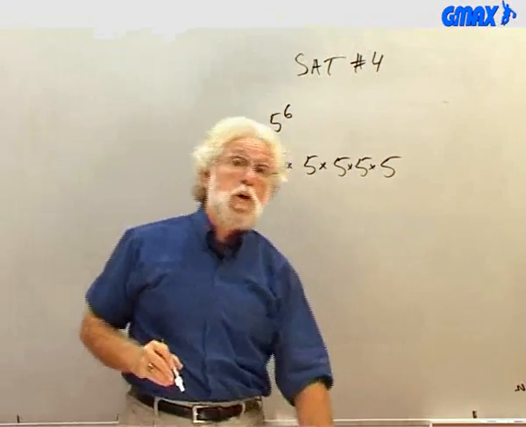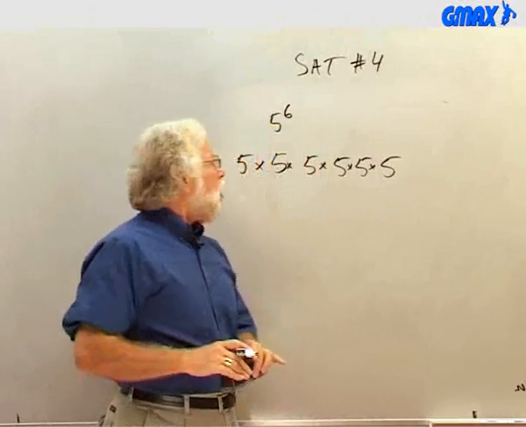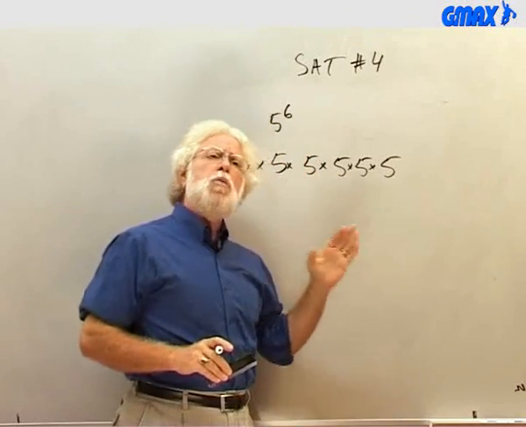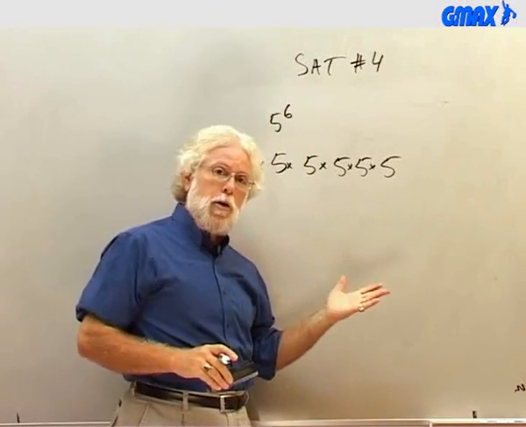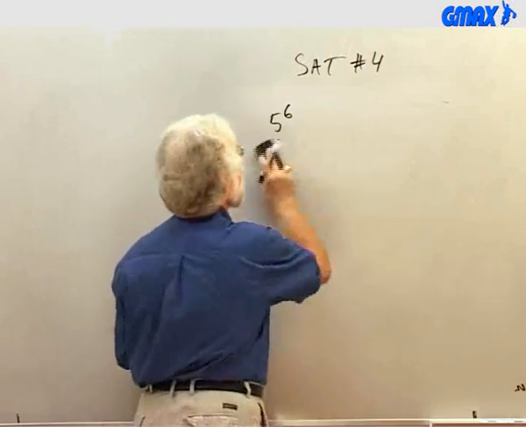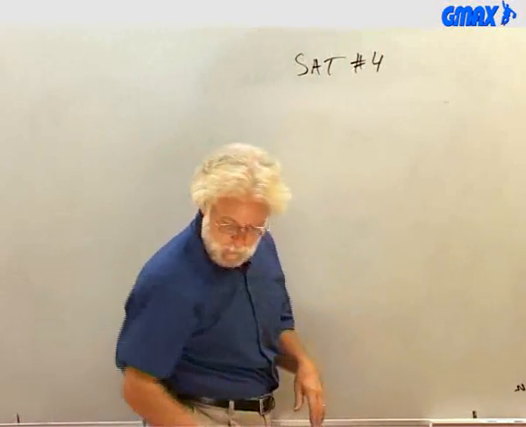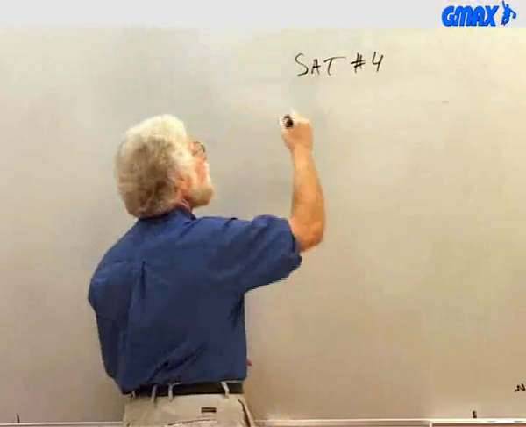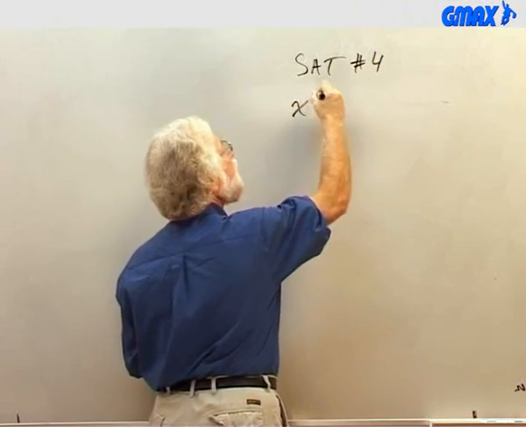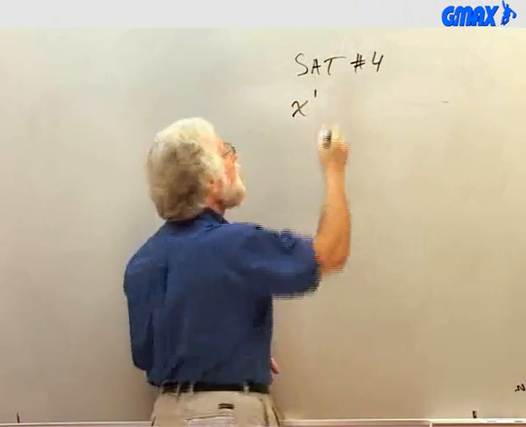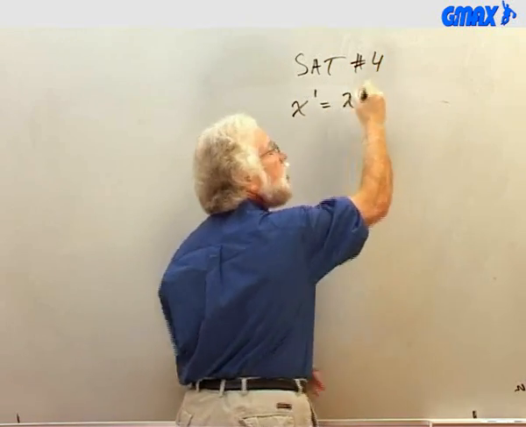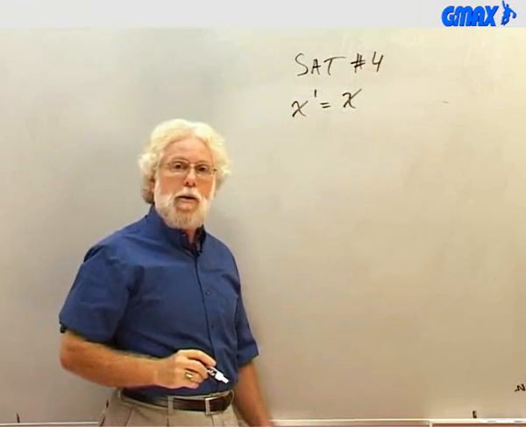Rules of exponents, very important to remember. I'll give you the rules, and we will see how they are valid. All right? So the first one would be x to the power 1 is equal to x.